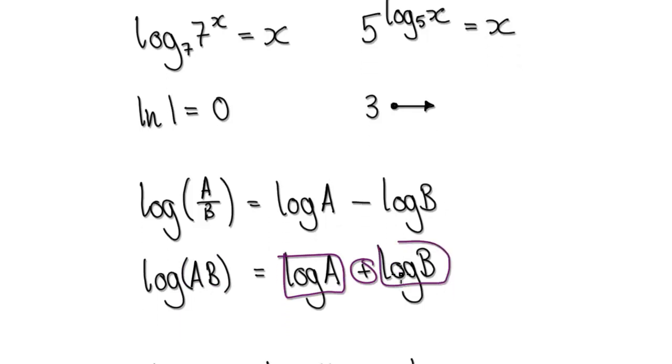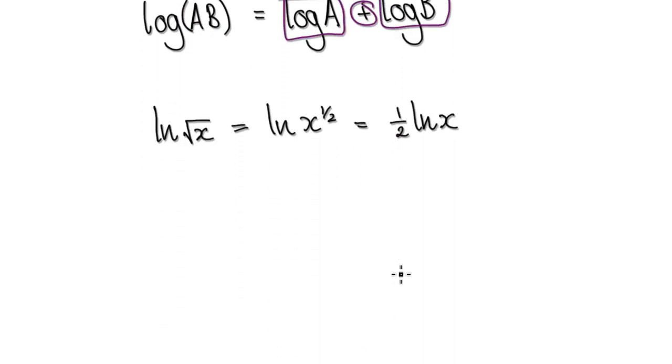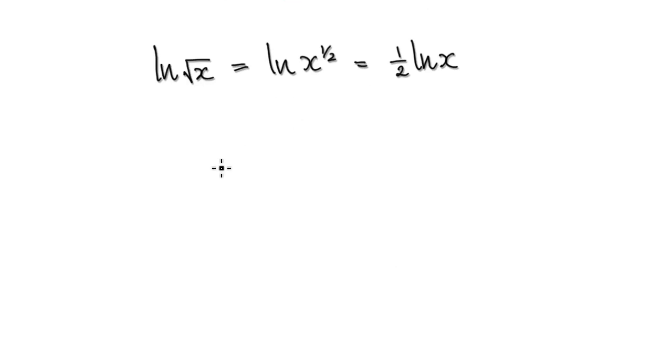And any log of a square root of x, you can write the square root of x as x to the power of a half. So whenever you log one thing to the power of another thing, this half is able to come down, so you can write it as one block multiplying another block.